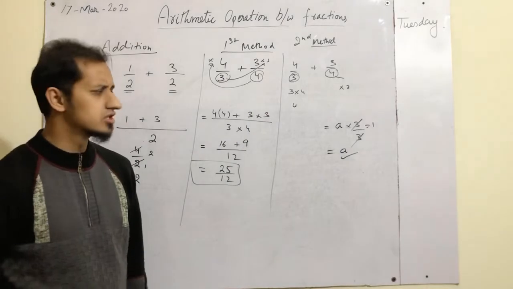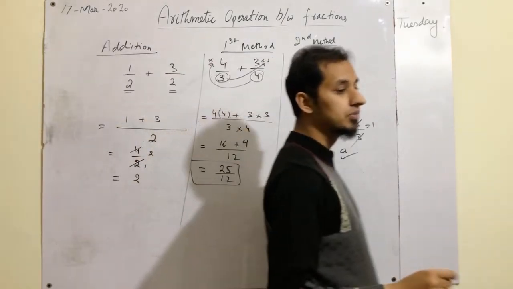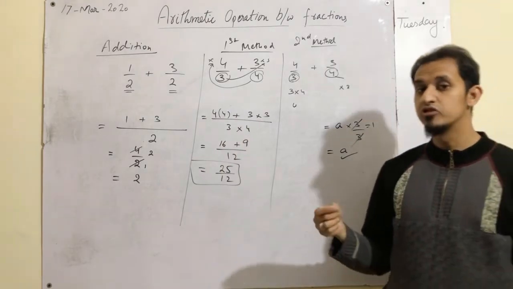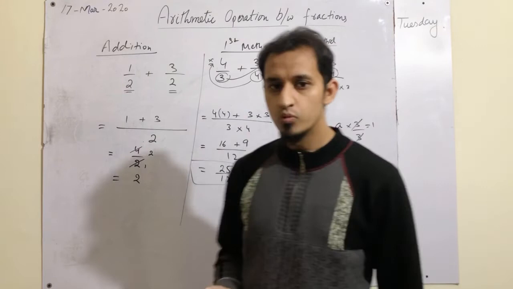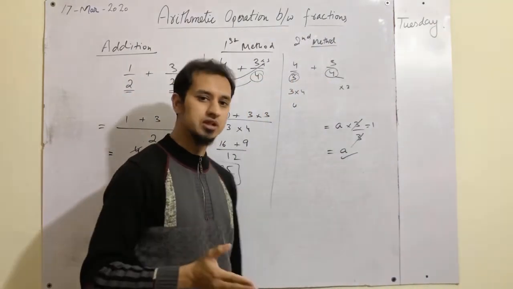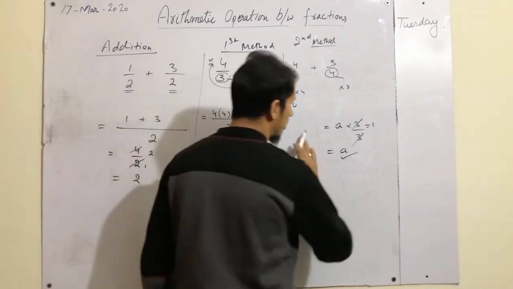So there is no change in the number. That's why we multiply and divide by the same number. And if we add some number in an equation, we should subtract the same number, so that our equation does not change.